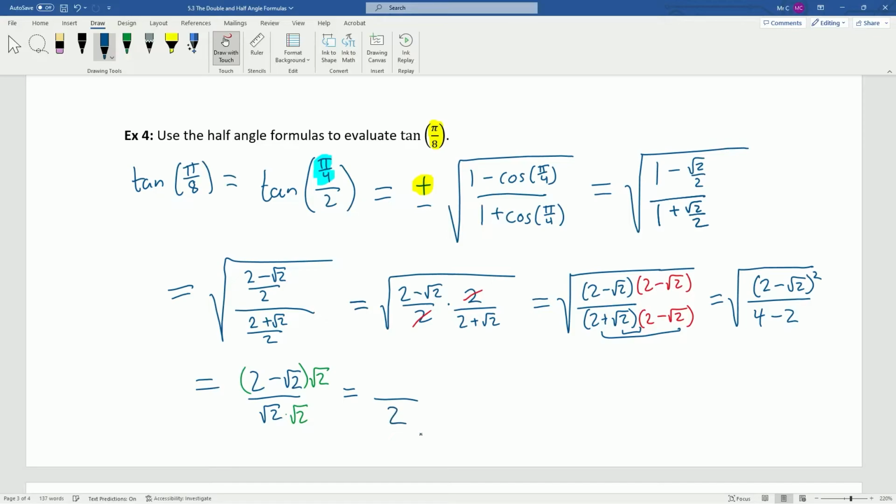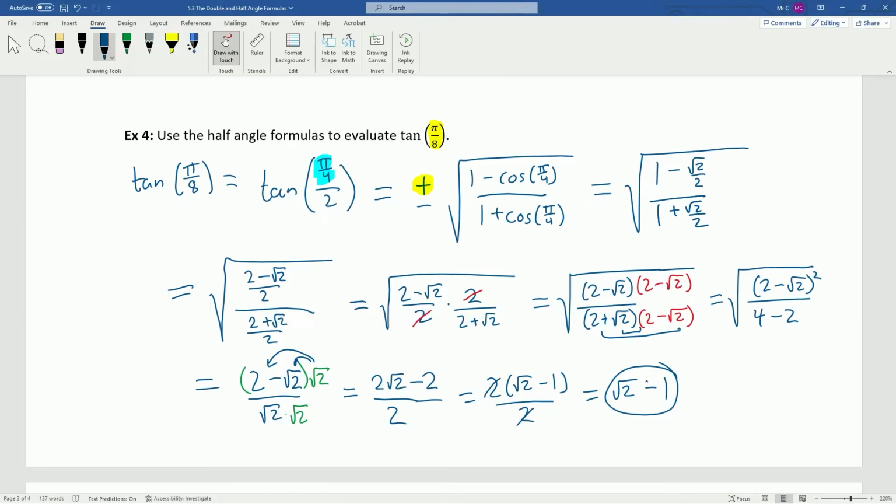That leaves us with 2 in the denominator, and when I distribute, I get 2 root 2 minus 2. That means I can simplify it one step further. I can factor my numerator, and the 2 over 2 cancels, and finally I get left with radical 2 minus 1 as my final answer.